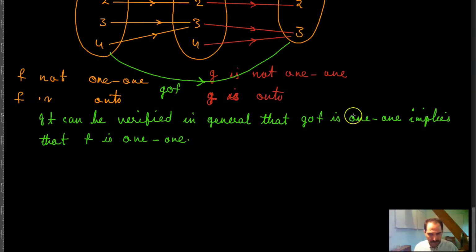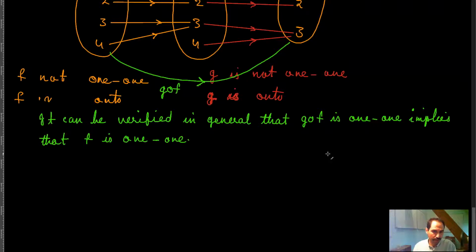Meaning that wherever you see that there is some function f, there is some function g, and depending on those two functions g∘f is defined and it exists, then if g∘f is 1, 1, that implies that f is 1, 1. That means that is necessarily the case, right? What that means is that in the exact same situation, g could be 1, 1 as well, but you just simply don't know it.